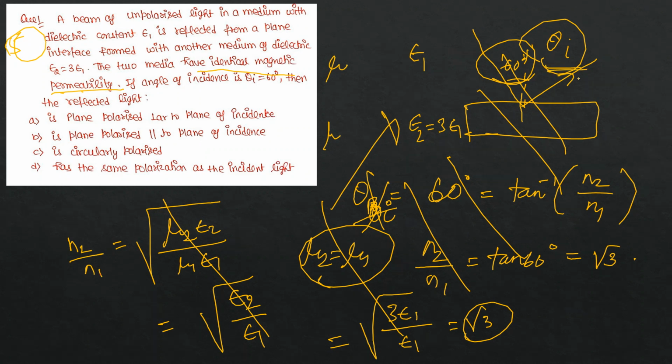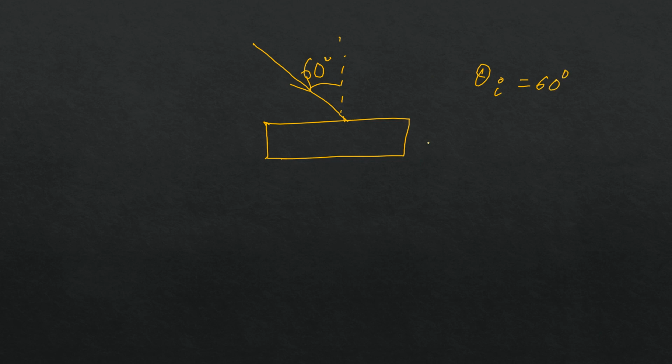This is your theta I only. So if I draw it again, this is your incidence normal. This is your angle of incidence here, 60 degrees. So theta I is equal to 60 degrees.